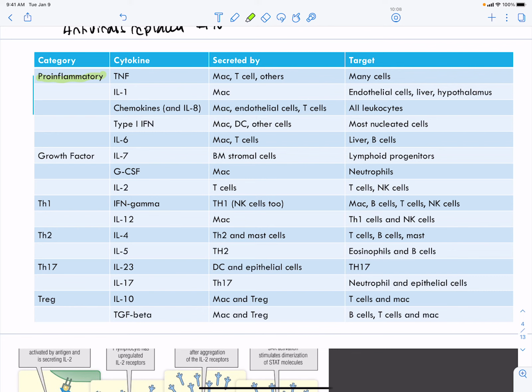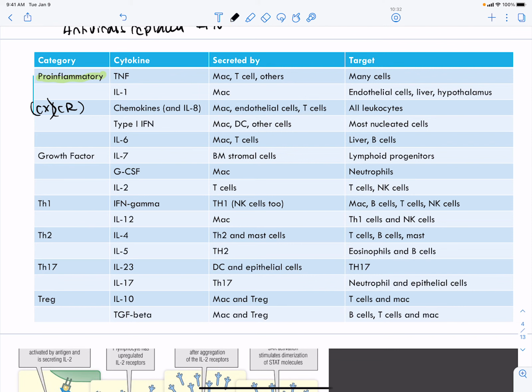IL-8 is also directional, though it's not a chemokine. Chemokines have a CX or CR type of designation. So if you see CXCR4, CCR4, etc., those are types of chemokines. Type 1 interferon is going to be more antiviral, for intracellular pathogens. IL-6, one of our acute phase responses again.